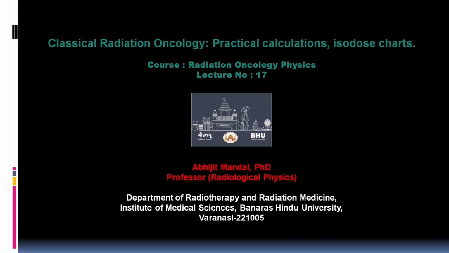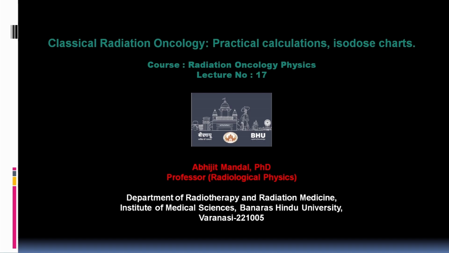Last day we discussed various central axis depth dose parameters and how they are defined, and today we will discuss the practical applications for the treatment of cancer patients in the radiation oncology department.